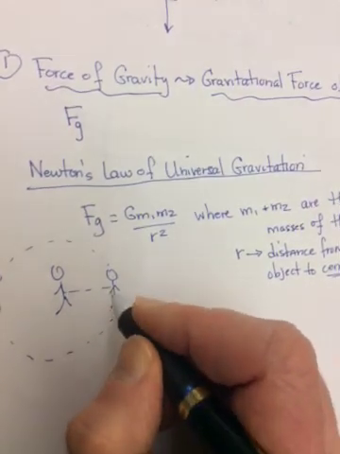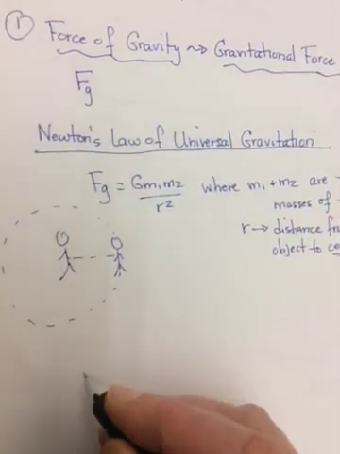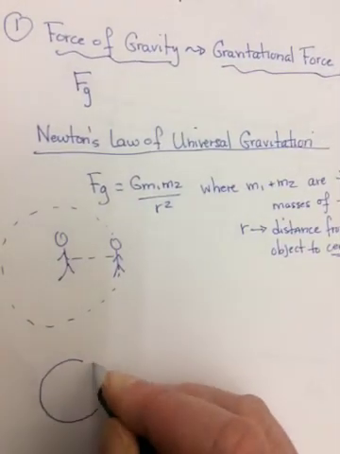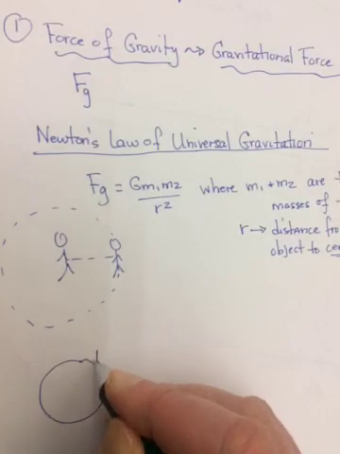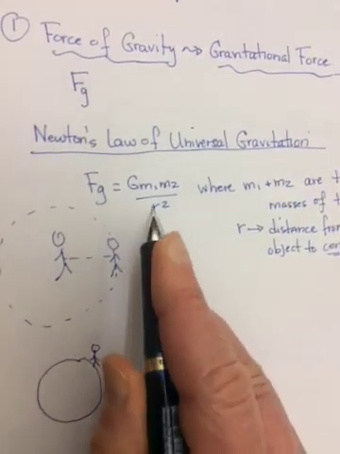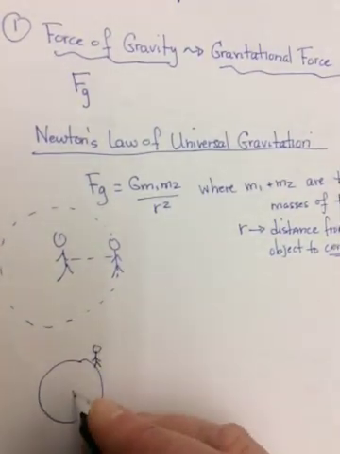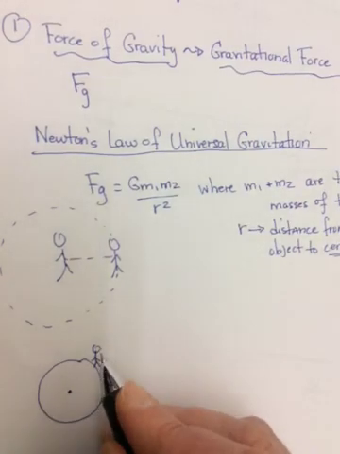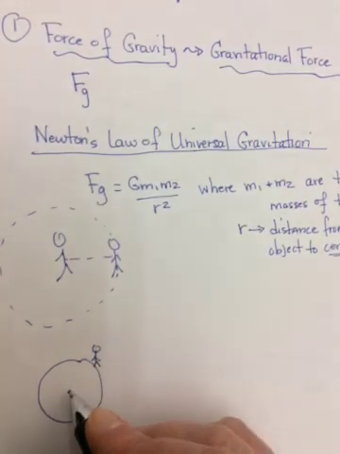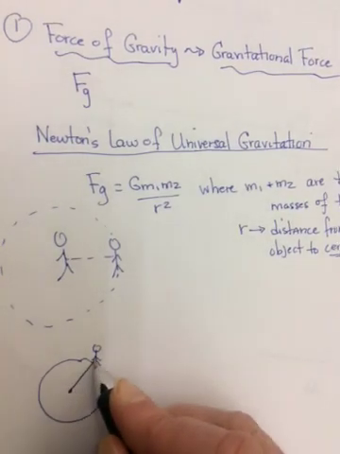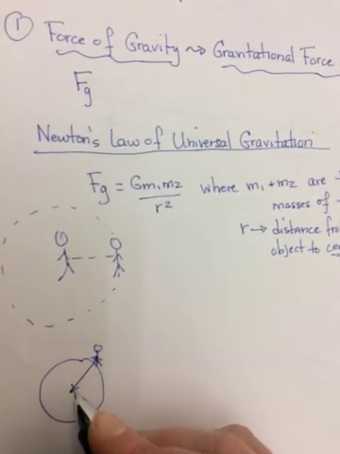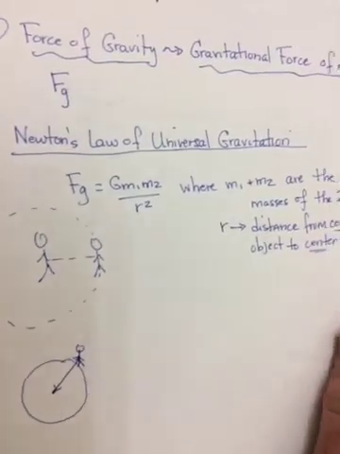But if I was doing it for you and the earth, so here's the earth, and here's you standing on the earth, and I was trying to figure out the gravitational attraction between the two, it's going to make a big difference if I measure from the center of the earth to you, or if I only measure to the outside edge. So we always say center to center, okay?